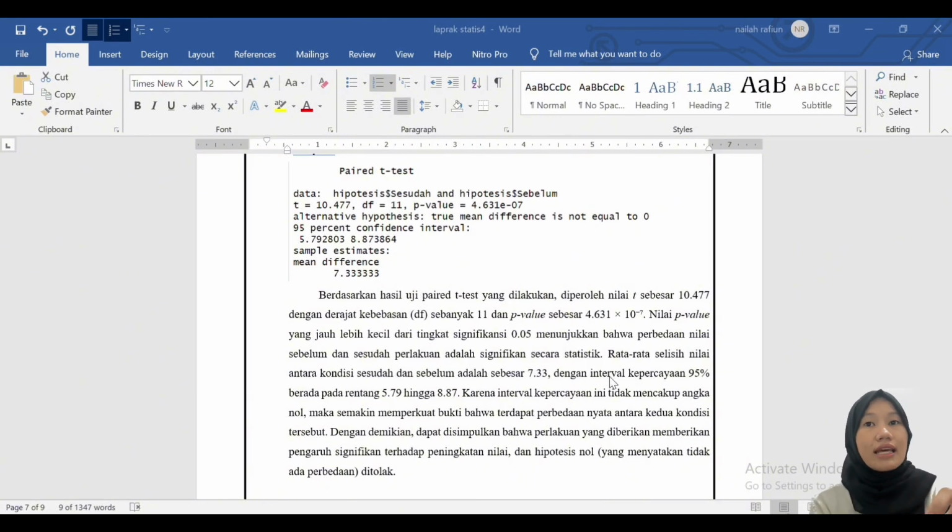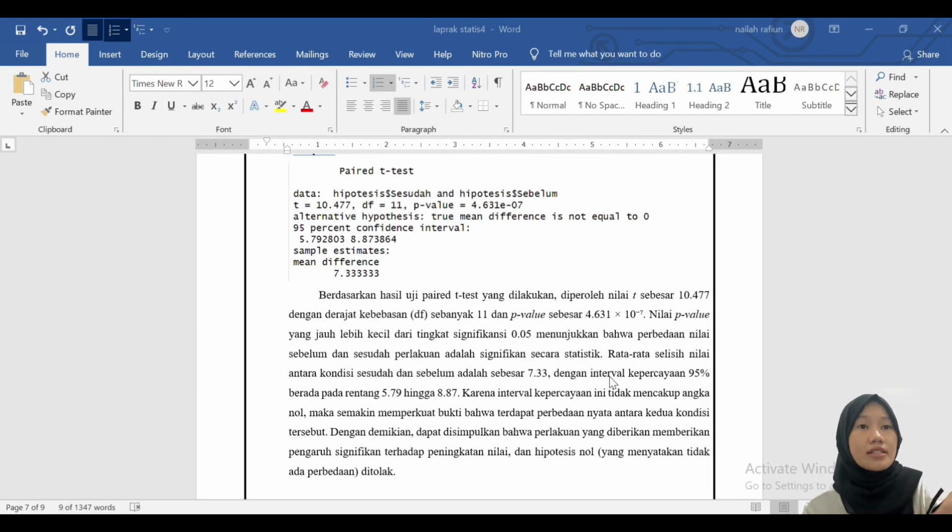The mean difference in scores between the after and before conditions was 7.333, with a 95% confidence interval ranging from 5.079 to 8.87.